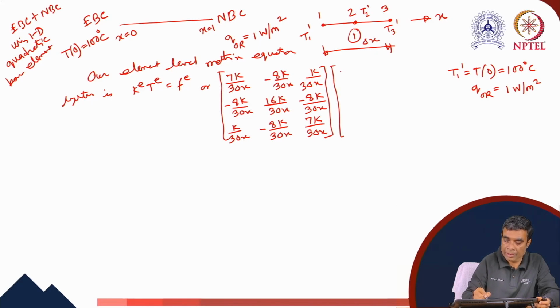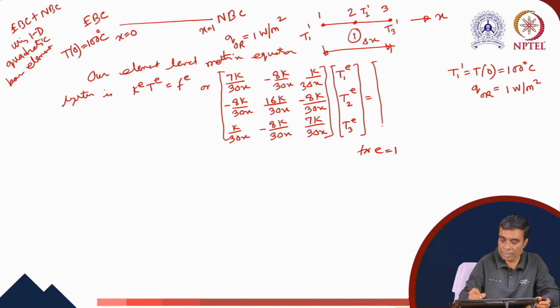The degree of freedom vector is T1E, T2E and T3E for E equals 1, and the right hand side load vector is Q delta x by 6, 4Q delta x by 6, and Q delta x by 6.